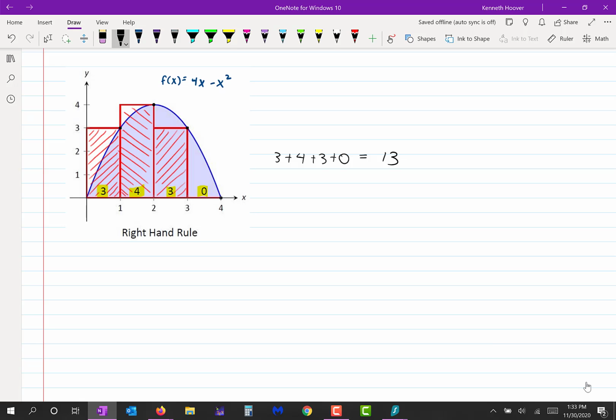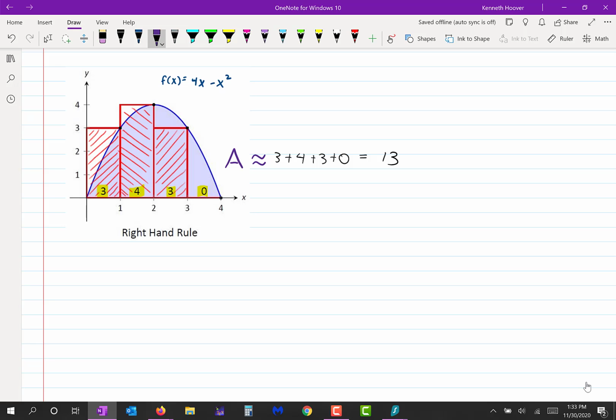Okay, so we could say the area, I'll just put A for area, is approximately 13. Not a very good approximation, but it is an approximation.